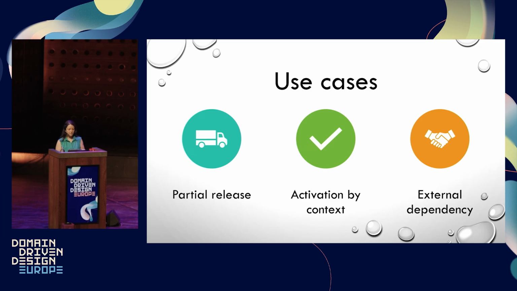The second case is the activation by context. So we want to activate the functionality by a region, a segment, or a zone, or another context. And the third one is an external dependency, probably to use an external service managed by another team, and we don't control it, or we don't have it inside the team.